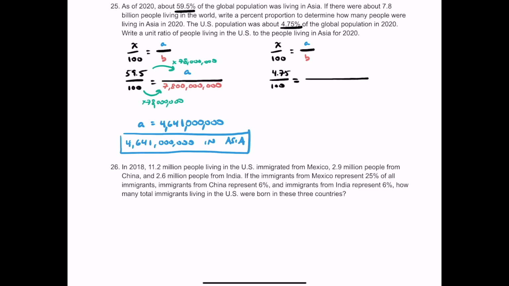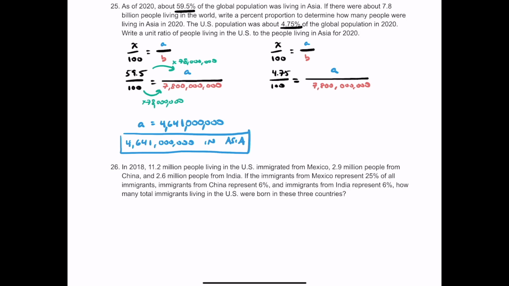The total people is 7.8 billion. I don't think I wrote that right at all. I'm getting a little sloppy, a little tired. I think that's right. Okay. Yep. And this is going to be an A value over here.